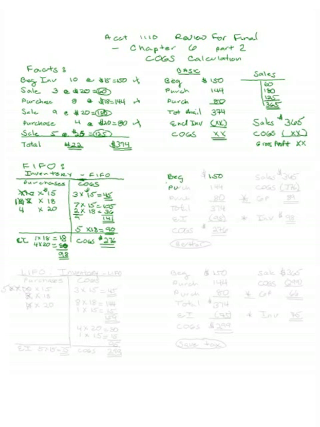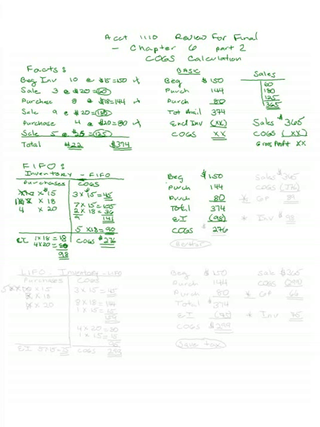Then I had two purchases, one at 144 and one at 80. So my total available, we agreed, was 374. Add all of those up. And I'm telling you, my ending inventory is 98. So my cost of goods sold in this example would be 276.